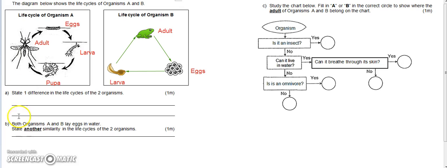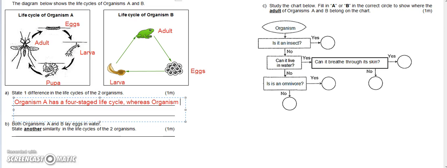Another possible answer would simply be organism A has a 4-stage life cycle, whereas organism B has a 3-stage life cycle.